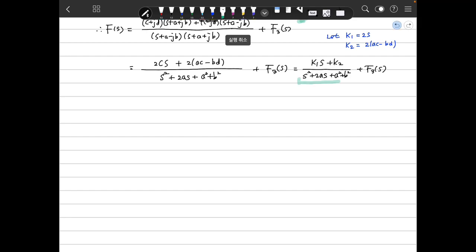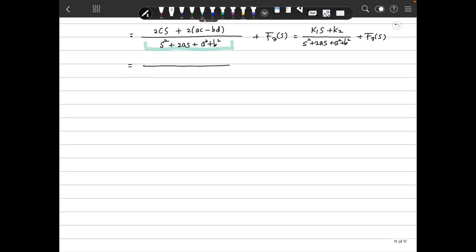We can rewrite this more simply. There will be one term and other terms.